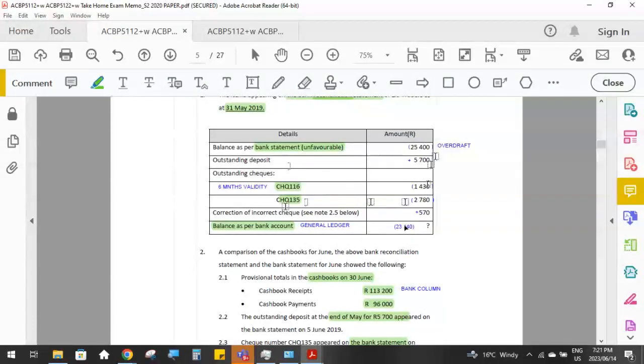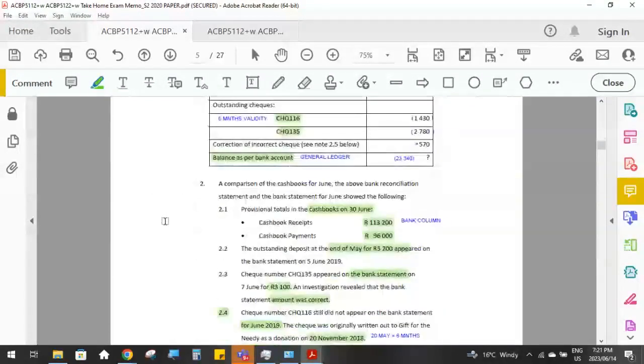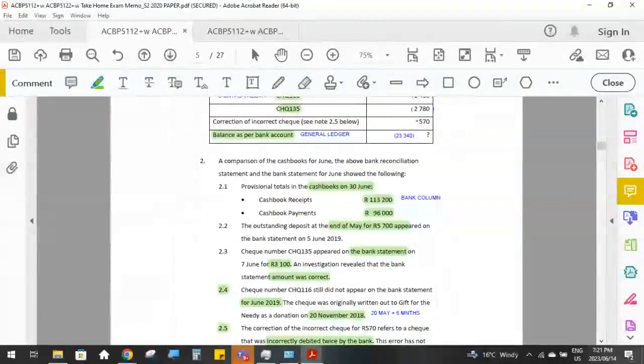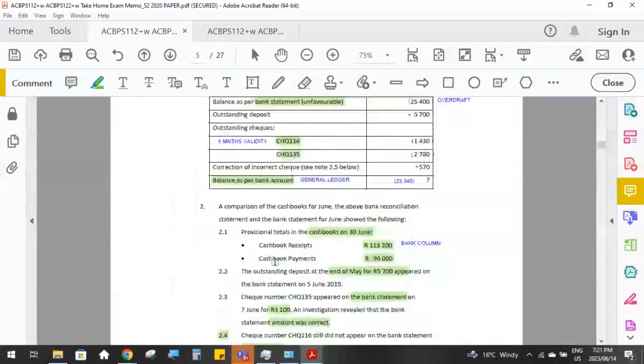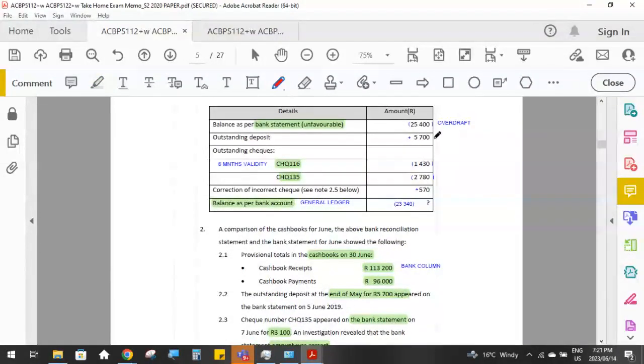Check 135 for 2780, we've corrected because it did appear on the bank statement, but remember it appeared for a different amount. So we can tick that. We can tick that and we can tick that. Those have all been dealt with.